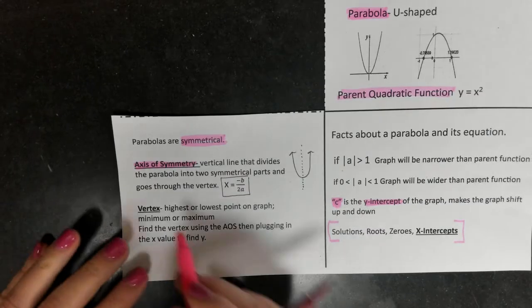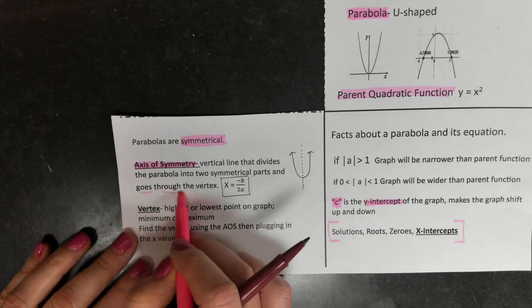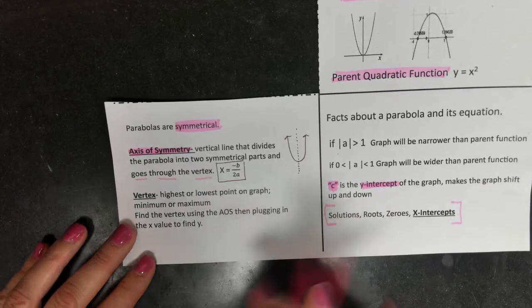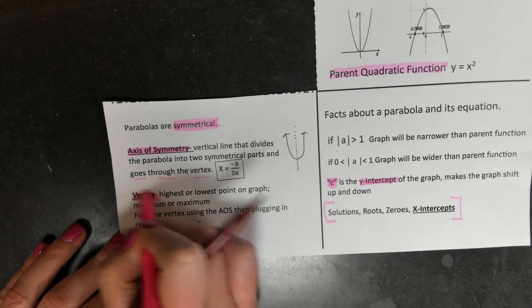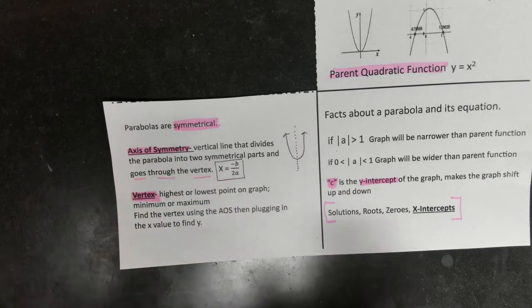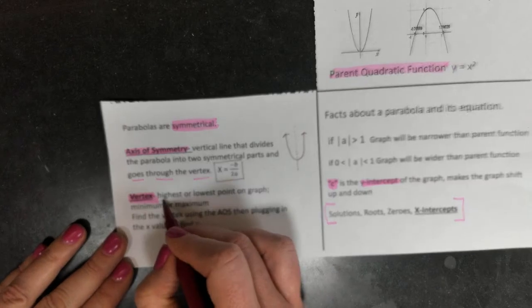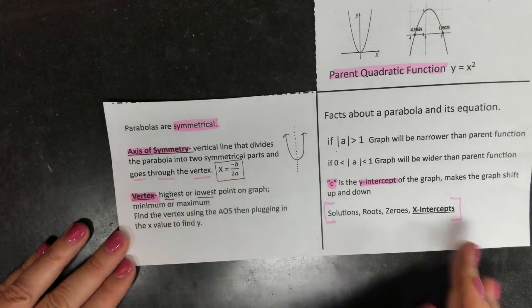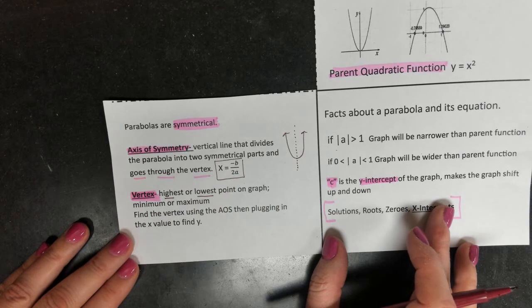And what's really important too is that that axis of symmetry goes through the vertex. The vertex is on the axis of symmetry, and it's going to be the highest or the lowest point on the graph.